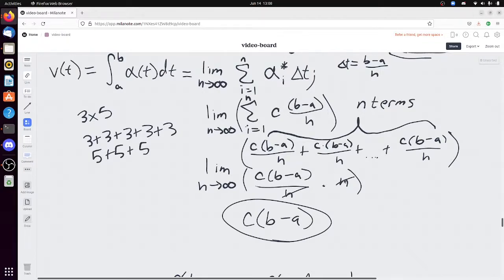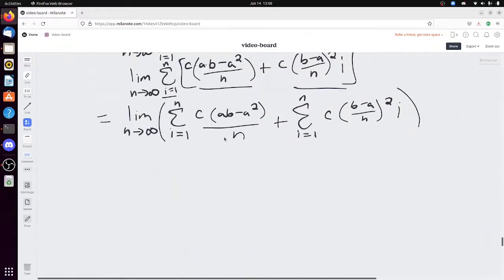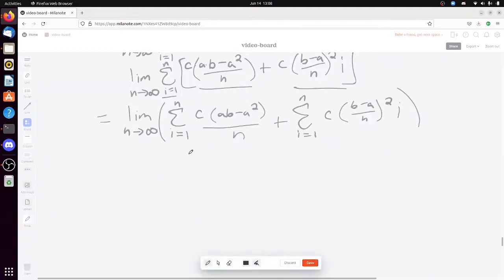We can substitute that whole term with just the term itself times n. So that's what we're going to do down here. It's the same thing. It's a different constant, obviously, but it's still a constant. There's no i here. So this should actually just reduce to c times ab minus a squared over n times n.